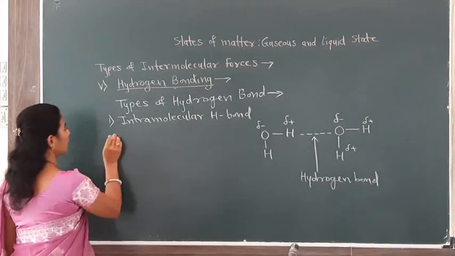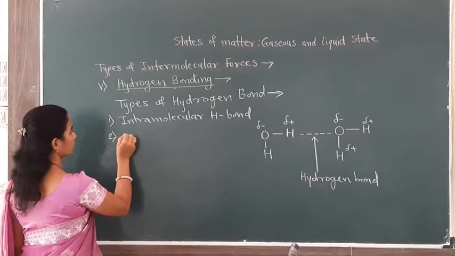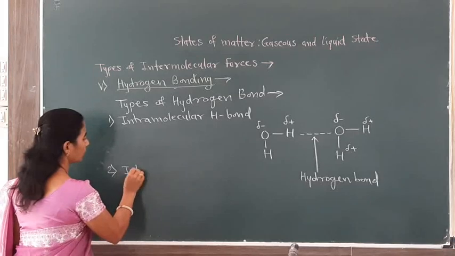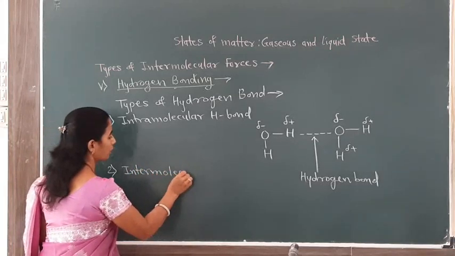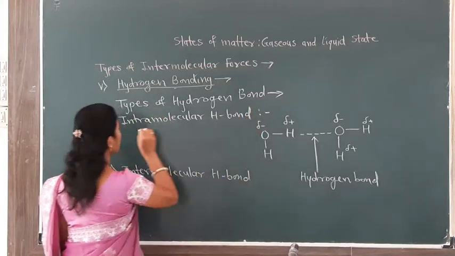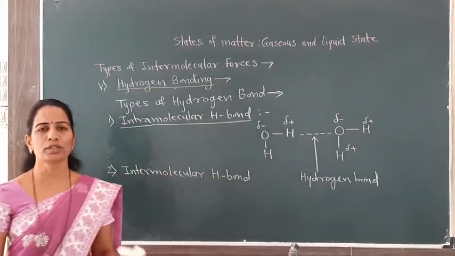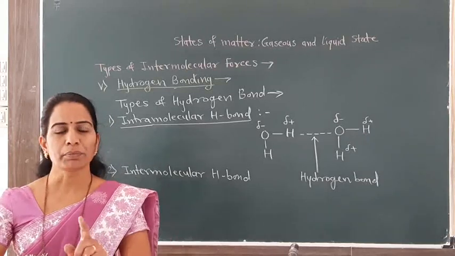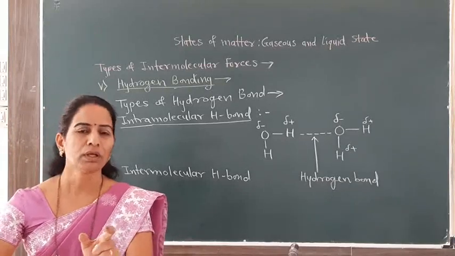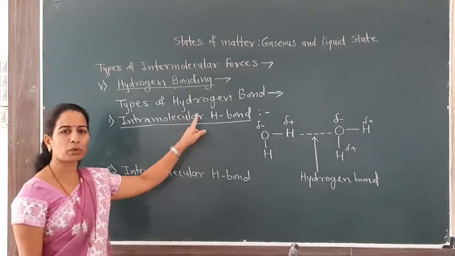And the second one is intermolecular hydrogen bond. Now let's see what is meant by intramolecular hydrogen bond. If the hydrogen bond exists within a single molecule, within the same molecule, then that hydrogen bond is called an intramolecular hydrogen bond.